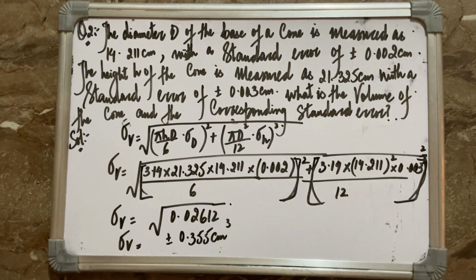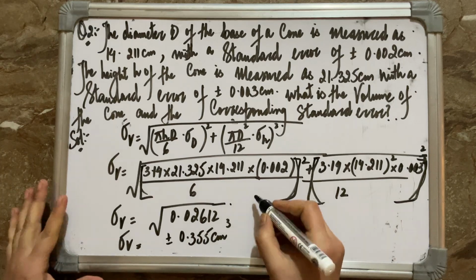All right. So this was the question and we solved it. This is equal to plus minus 0.355 centimeter cube. We have been asked to calculate what is the volume of the cone and the corresponding standard error. We have calculated the standard error, but we didn't calculate the volume.